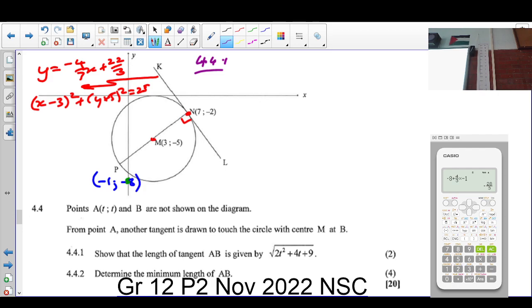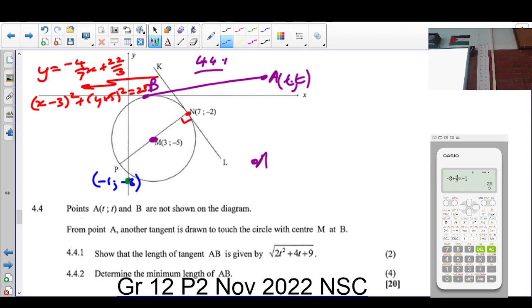So A and B are not shown in the diagram. From point A, let's call this A for now. A could have been there. From point A, which is T and T, another tangent is drawn to the circle with center M, which is the circle here, to touch it at B. So say that's another tangent there.